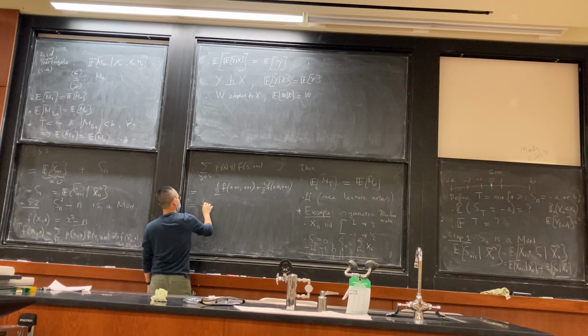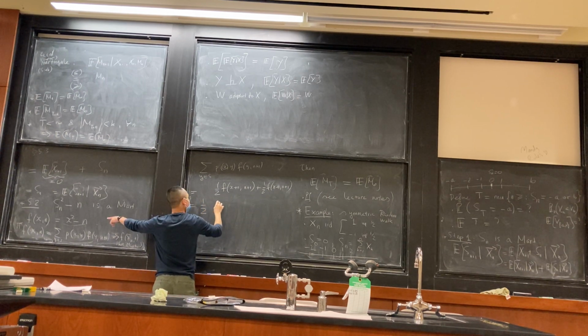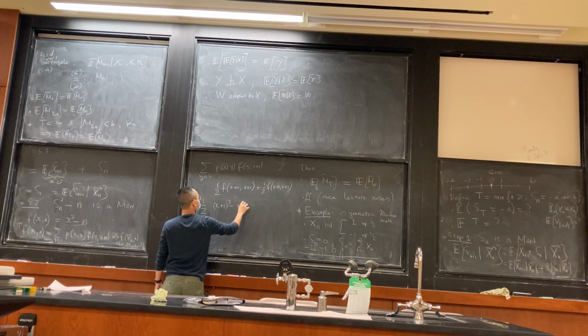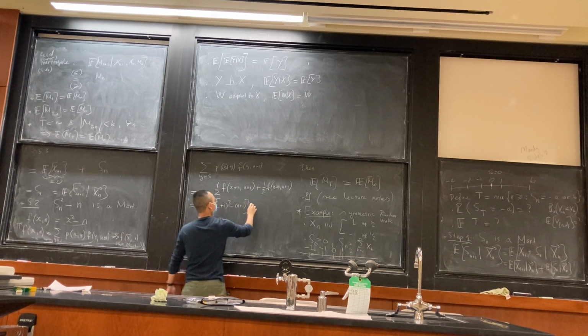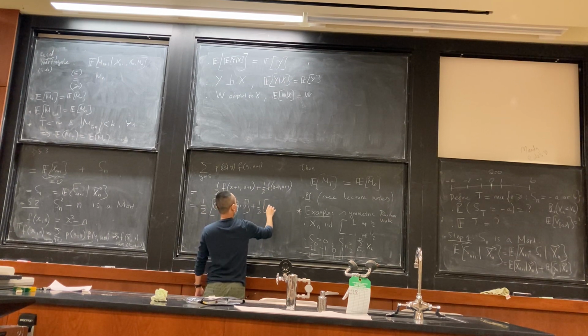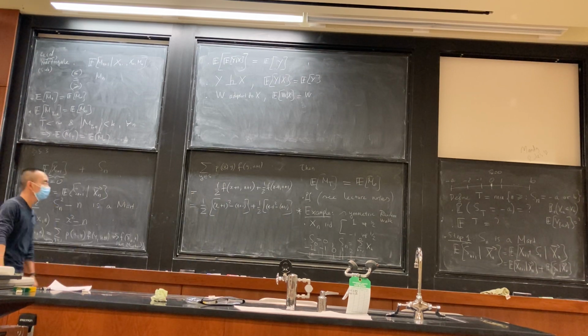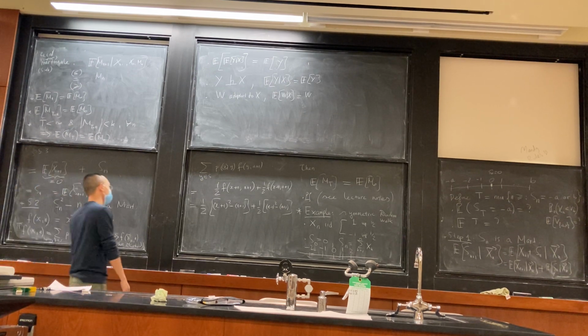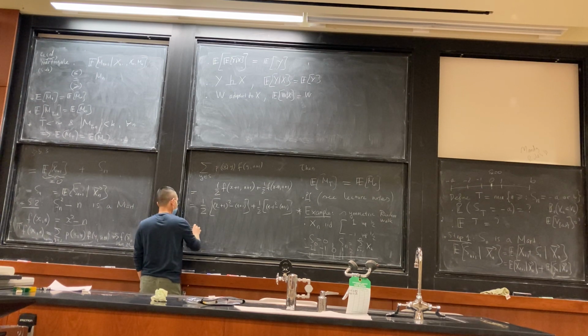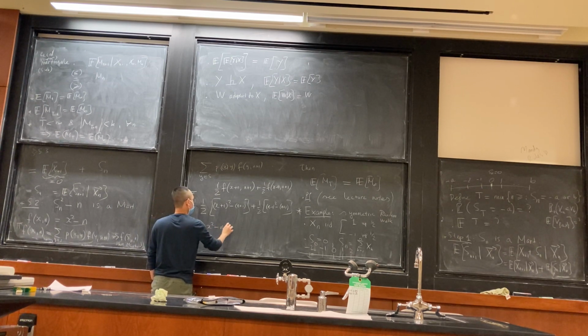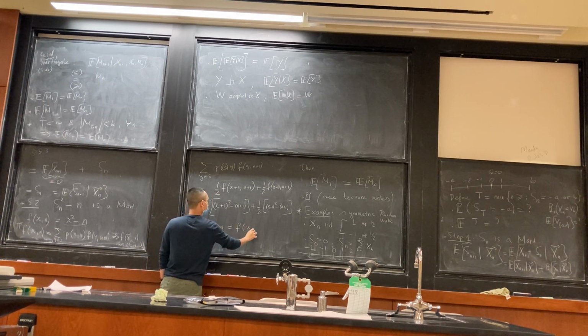I plug it in: 1/2 of x plus 1 squared minus n plus 1, plus 1/2 of x minus 1 squared minus n plus 1. And by algebra, this is exactly equal to x squared minus n, which is f of xn.